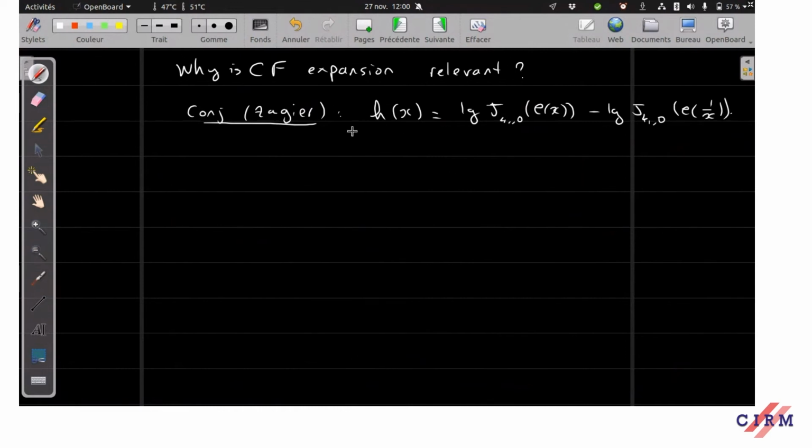Then this function, which is defined on Q, is extended to a nice function of x in R star. So what I mean by nice is, well, not very clearly.